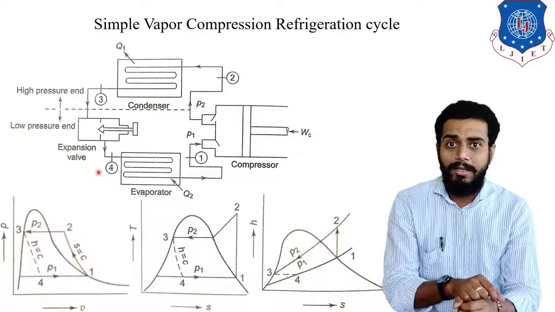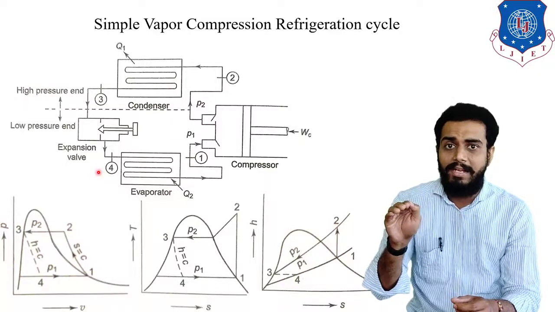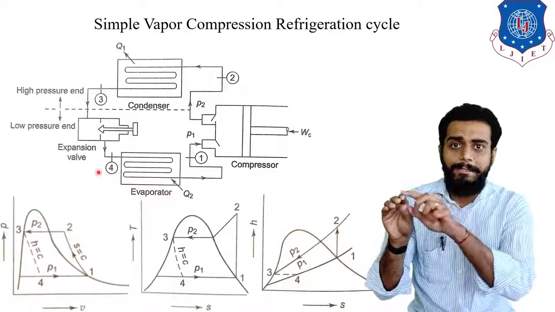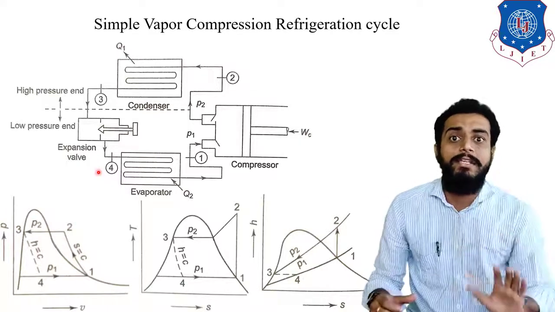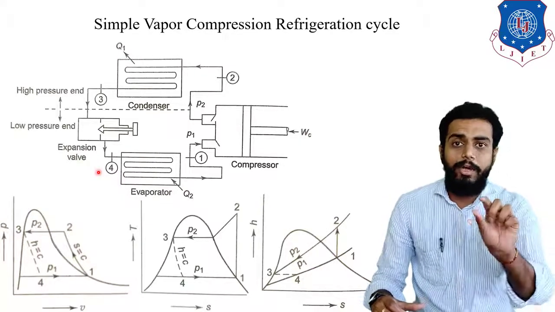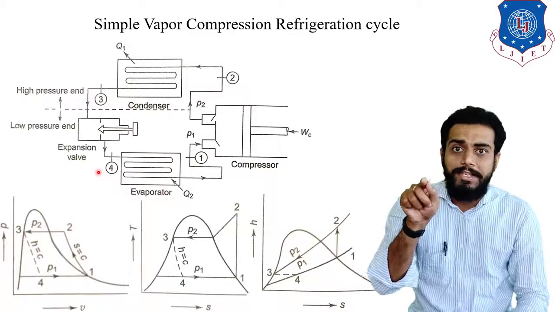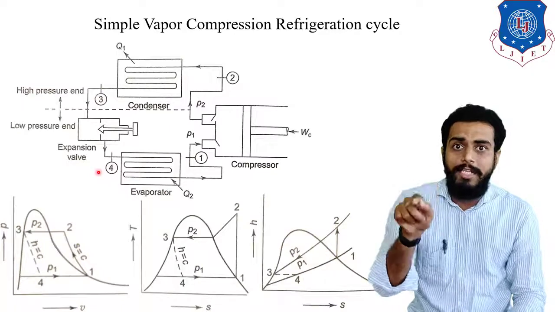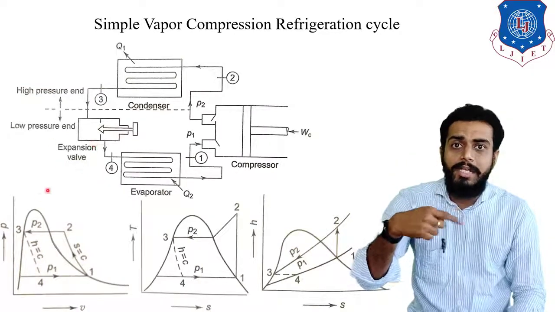So now what will happen? You are decreasing the pressure such that at that pressure, the boiling point of the refrigerant has already reached. So now the boiling point has already reached. That means what? As soon as the refrigerant will come out of the expansion device, it will start converting into vapor.